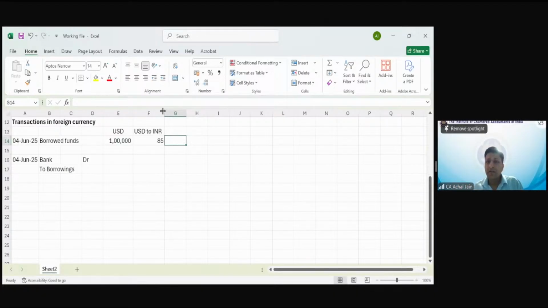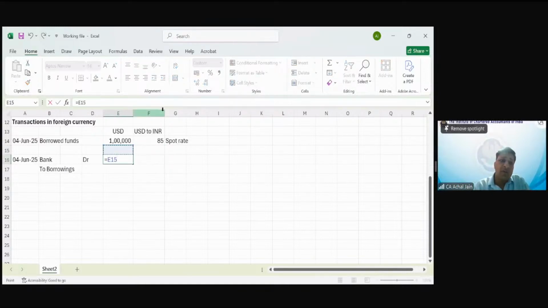So if you have to record this, you record this using the rate of the date of transaction. This is also called as spot rate. Spot rate means rate of the date of the transaction.